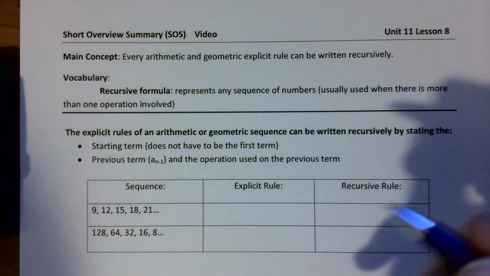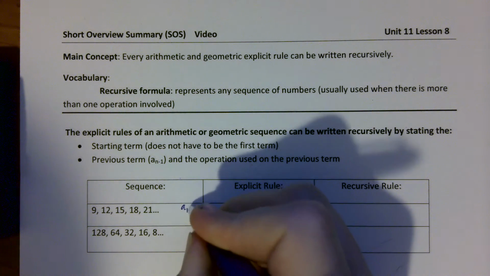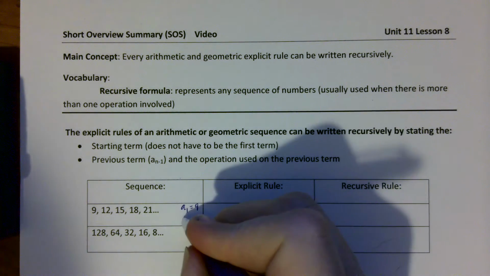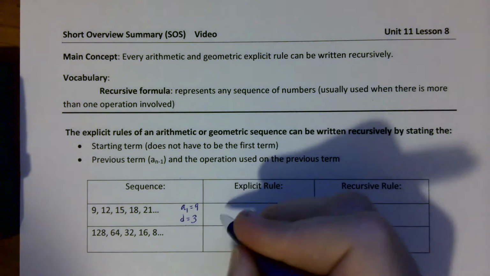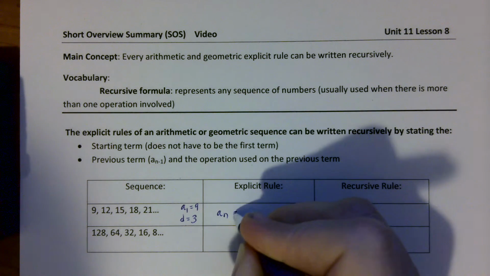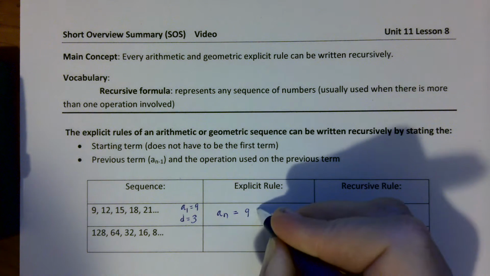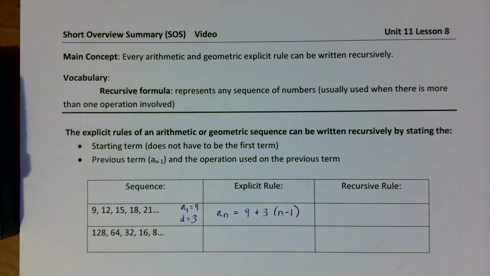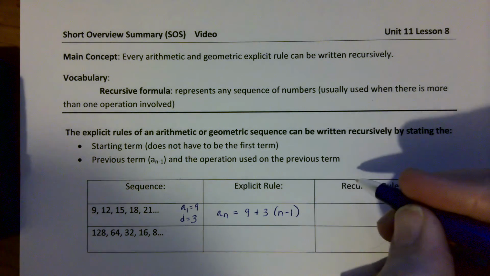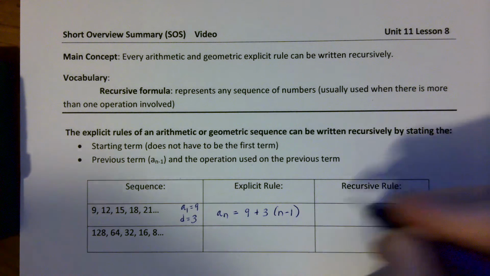So for our explicit rule, we need to know the first term, which is 9, and we need to know the common difference, which is 3. So our explicit rule would be a sub n equals our first term plus our common difference times n minus 1. We can write this recursively by first stating one of the first terms.